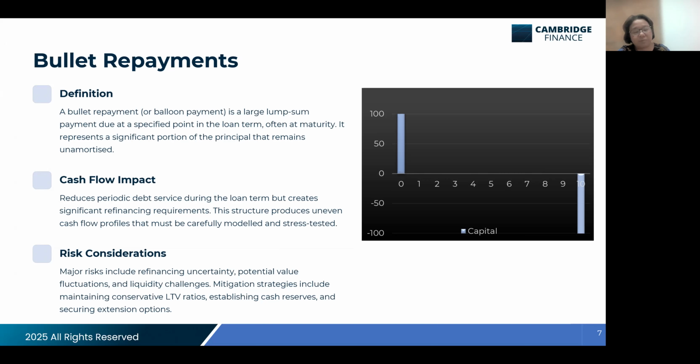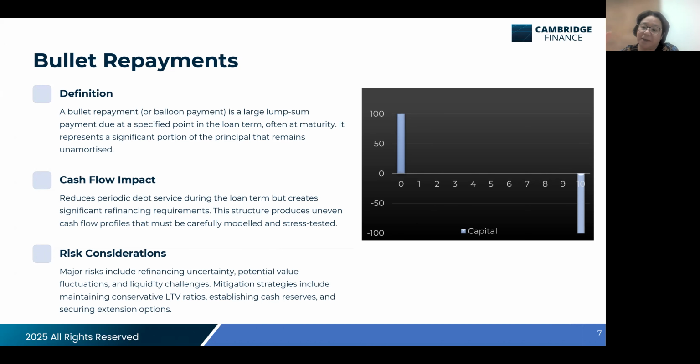Sometimes people call it the construction loan, because it is a feature of construction loan: you're still building, and there is no income to offset any of those payments. So therefore, this is the bullet repayment. Okay, so there you go. From a borrower's perspective, we don't have to pay back anything in the middle, but there is a big exposure at the end.